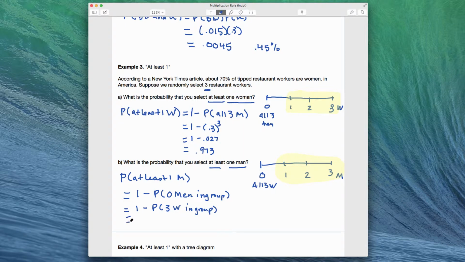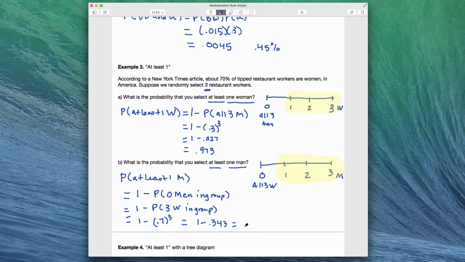All right, so 3 women in the group, that's 1 minus 0.7 raised to the 3rd power. So we have 3 for 3 women, 0.7, because that's the probability of just randomly selecting 1 woman. So that's 1 minus 0.7 to the 3rd is 0.343.